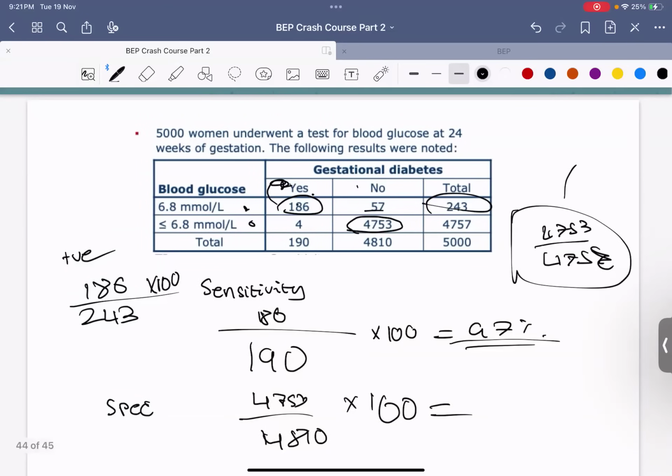But usually tests may have high sensitivity. So when it's positive, that means they probably have the disease. But when it's negative, does that mean they don't have the disease? I don't know, because the test has low specificity. Okay, so that's usually the case with actual clinical tests.